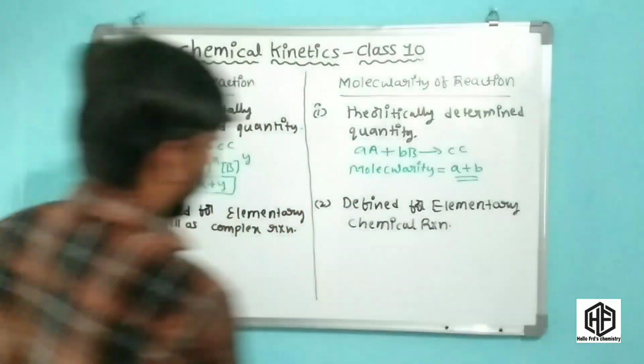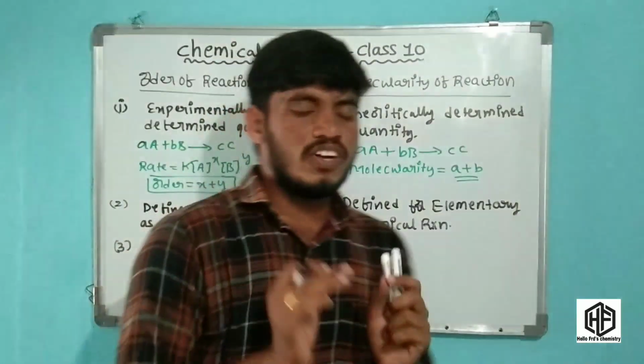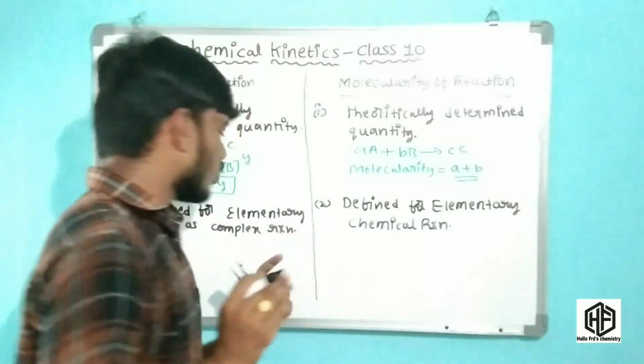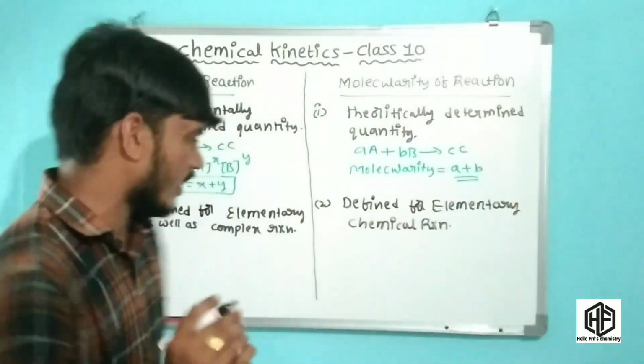Okay friends, this is the second important point. The order of reaction is defined for elementary chemical reactions as well as complex reactions, but molecularity of reaction is defined only for elementary chemical reactions.